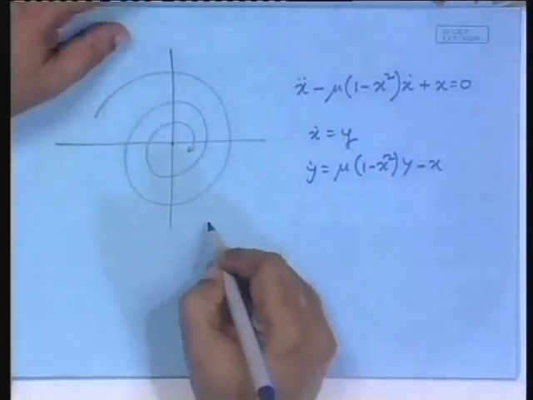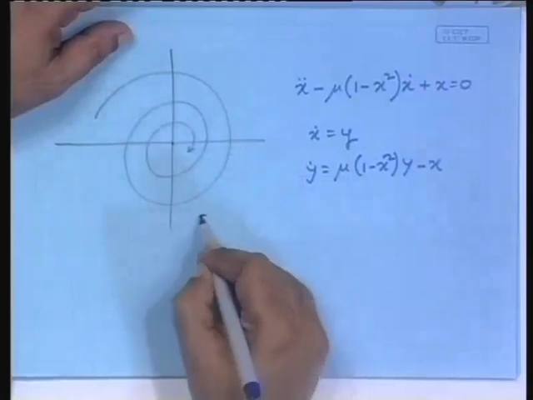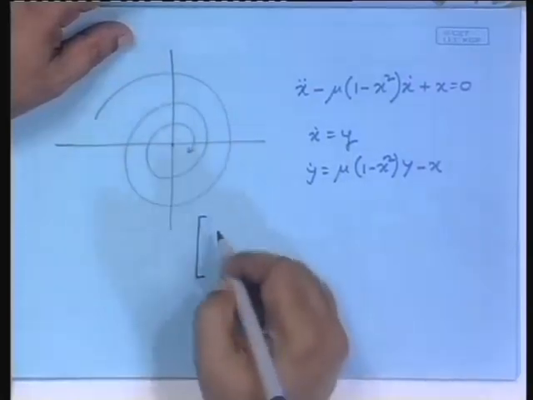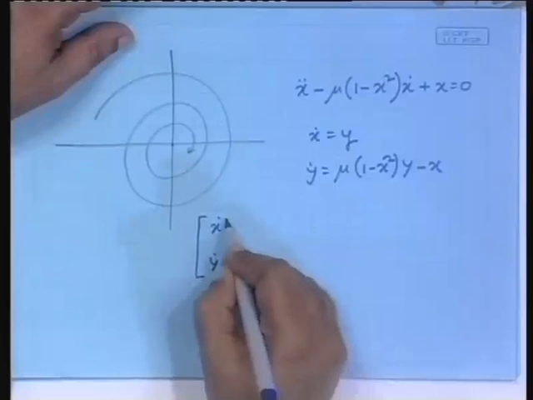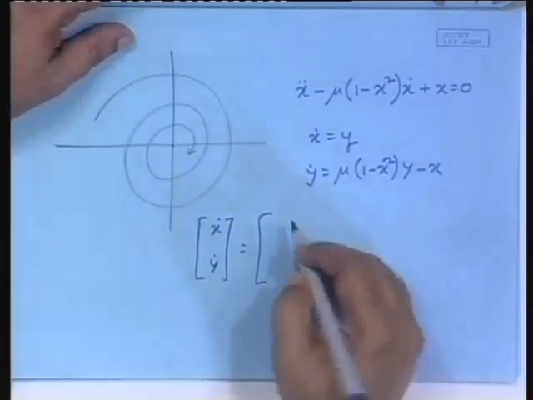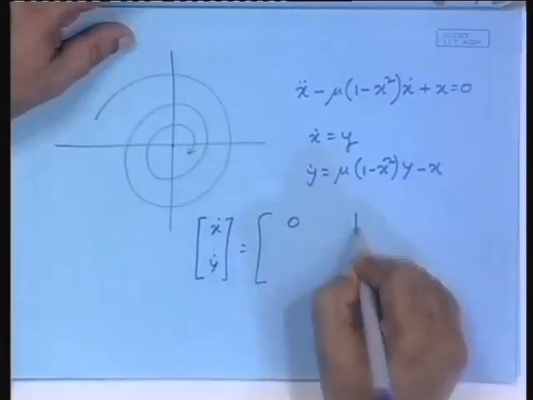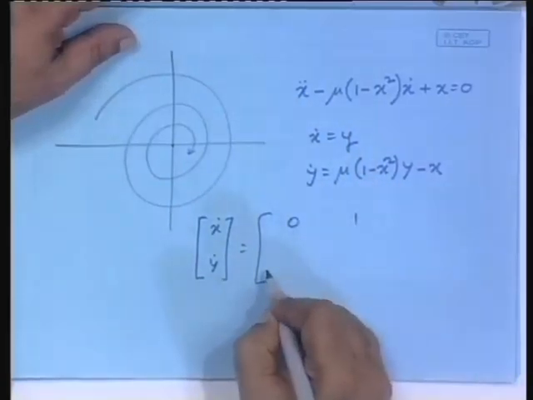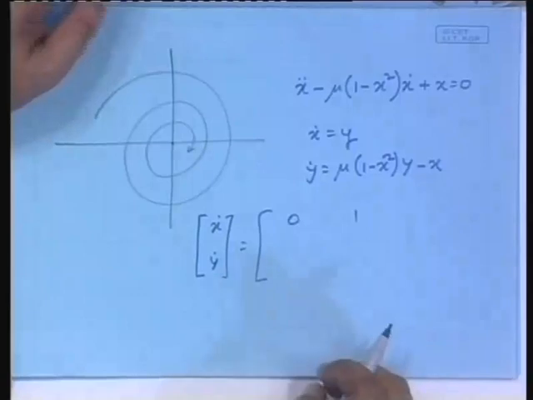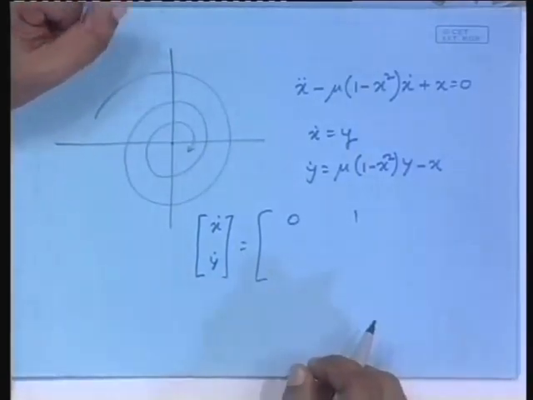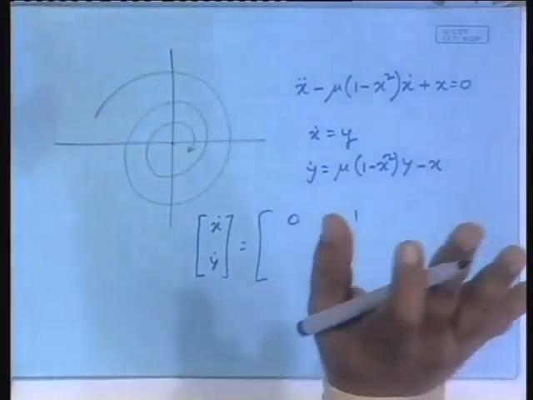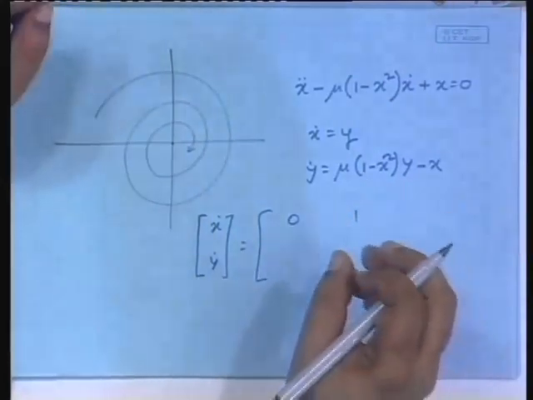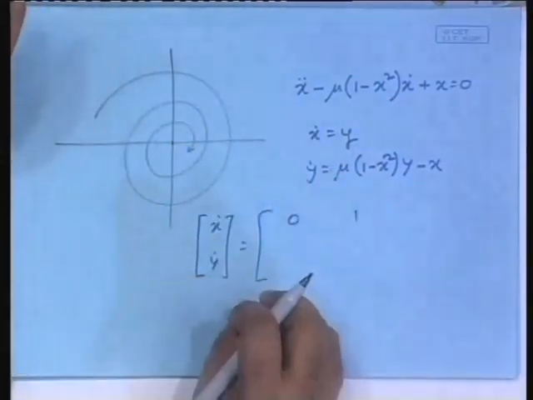If you take the deviation from here, x dot y dot in the local linear form will be 0 1, no, the Jacobian will contain other things, and then if you put 0 0, then only you get those things out.